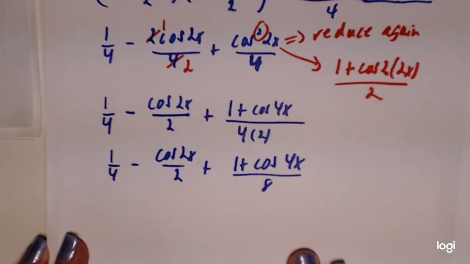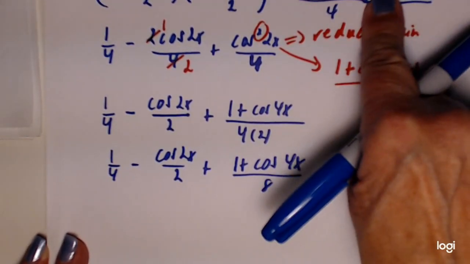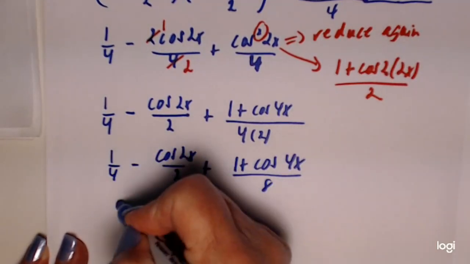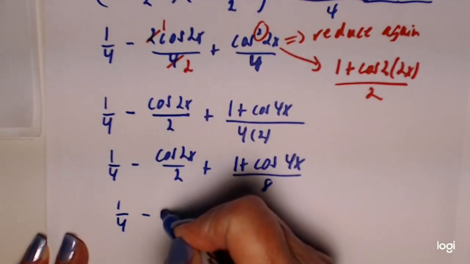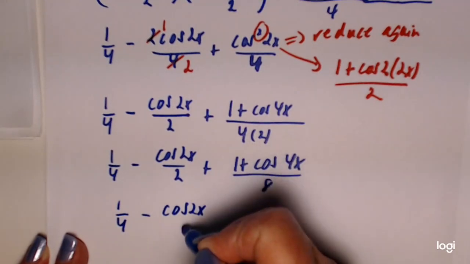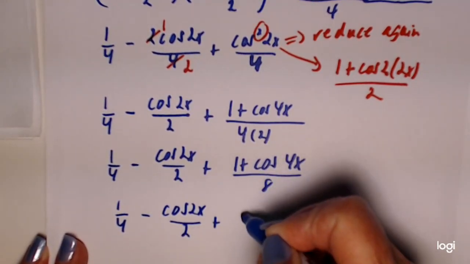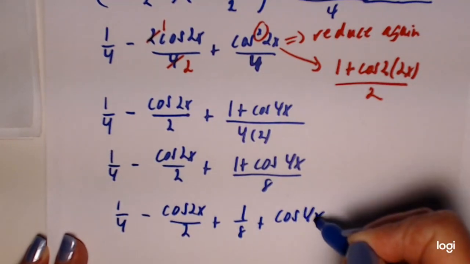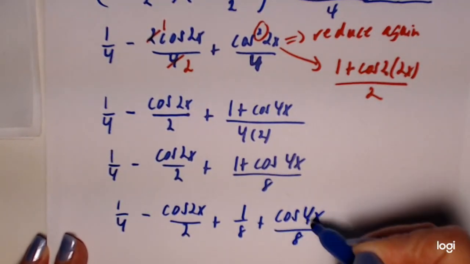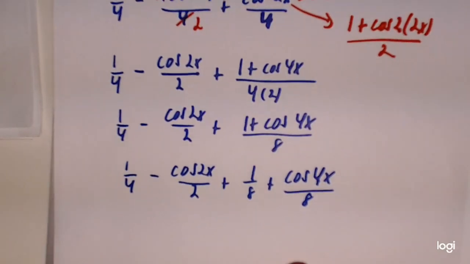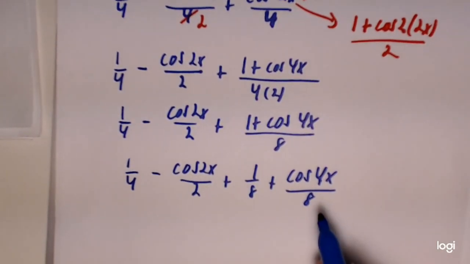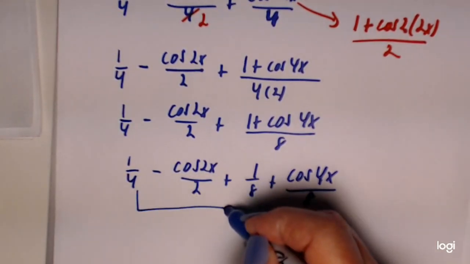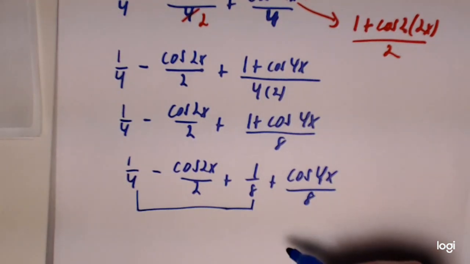Last but not least, just like we broke up this fraction up here, we're going to break this one up. So we have 1 over 4 minus cosine 2x over 2, and now we have 1 over 8 plus cosine 4x over 8. And taking a look at this and this can be combined.